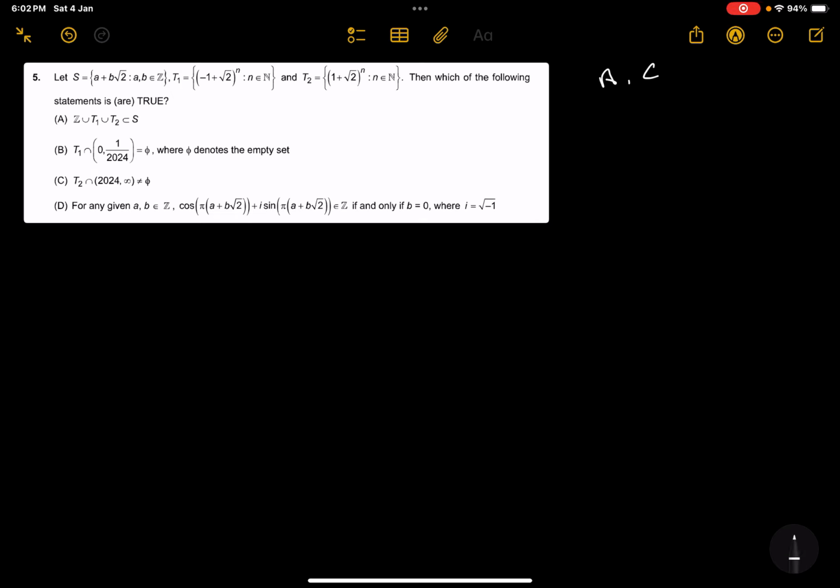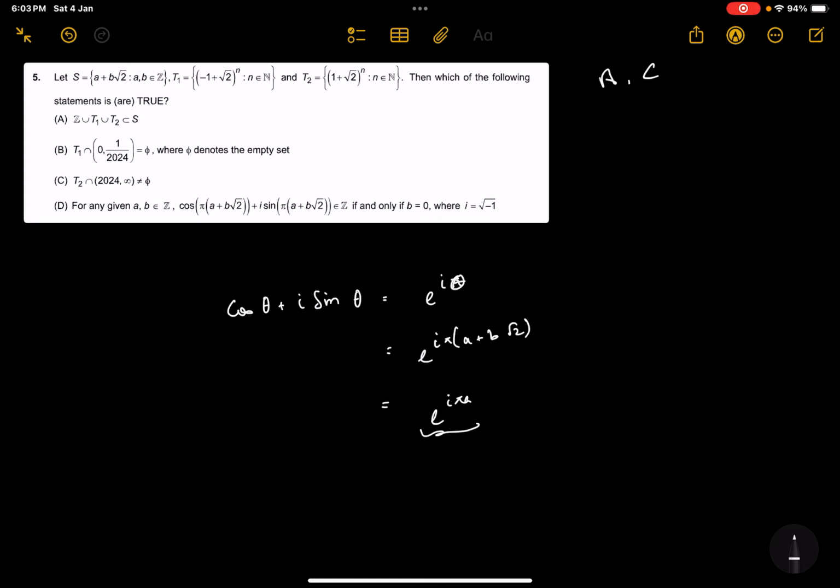As to the fourth option, cos theta plus iota sine theta is equal to e to the power of iota theta. Here theta is pi times a plus b root 2. So we will have e to the power of iota pi a plus b root 2, which is equal to e to the power of iota pi a times e to the power of iota pi b root 2.